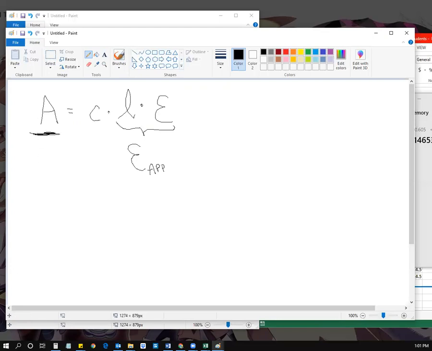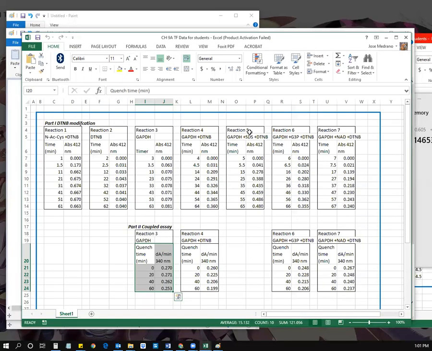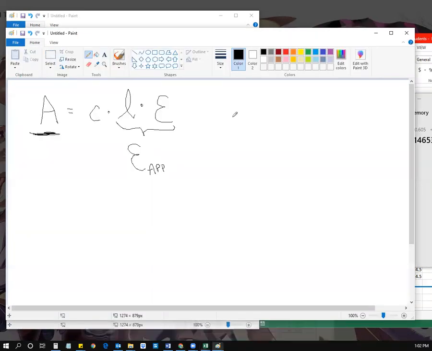We know what the absorbance value is. The absorbance value is the 60-minute time point for reaction 5 for those DTNB assays, and that's going to be 0.480. That's for the TF data. Otherwise, use the last 60-minute time point that you have for your reaction 5 DTNB assays. So my absorbance is going to be 0.480, and that is equal to the concentration that we actually want to find out.